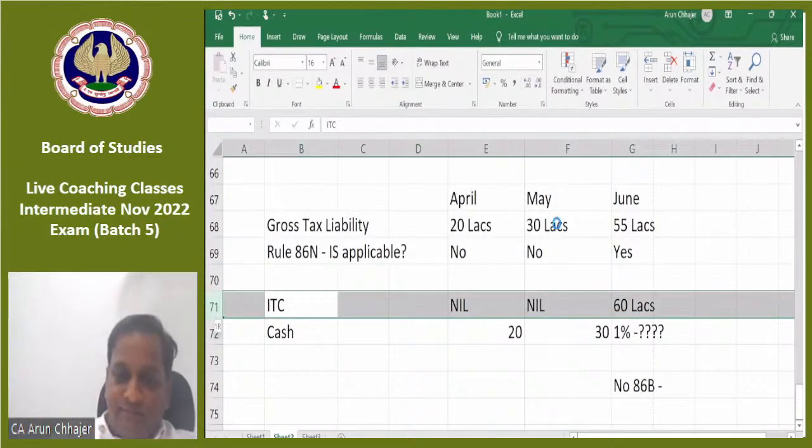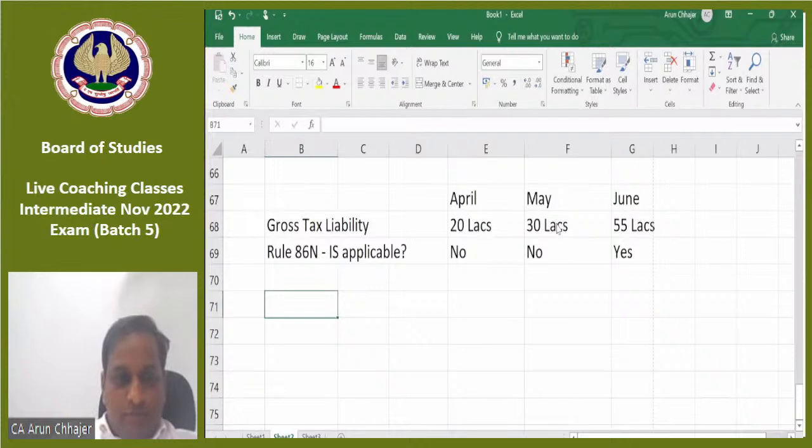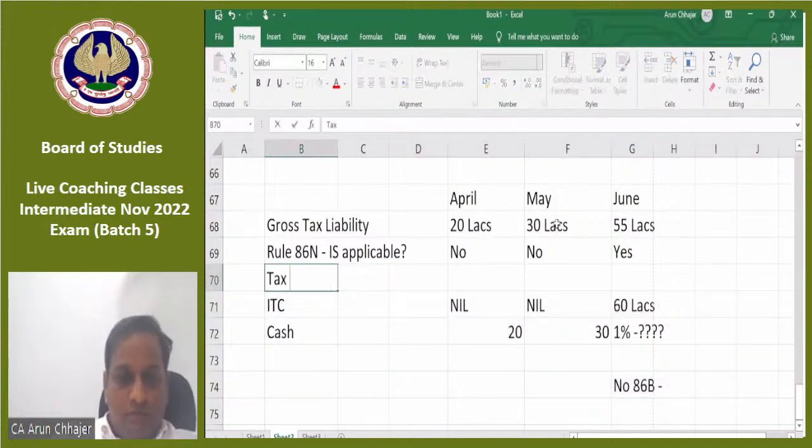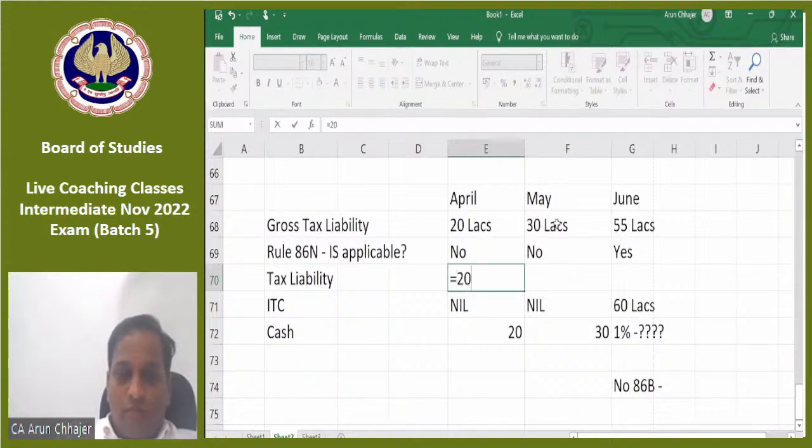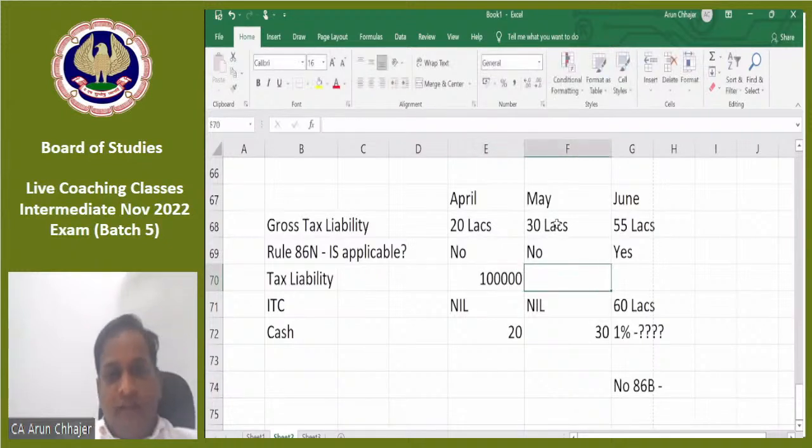Do one thing. Tax liability, I am assuming 5%.